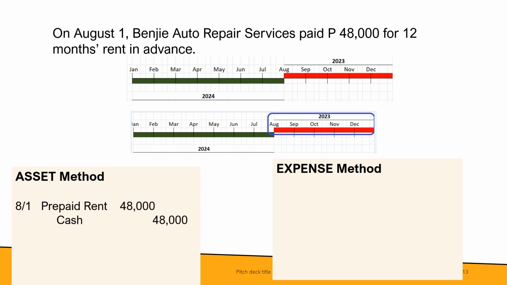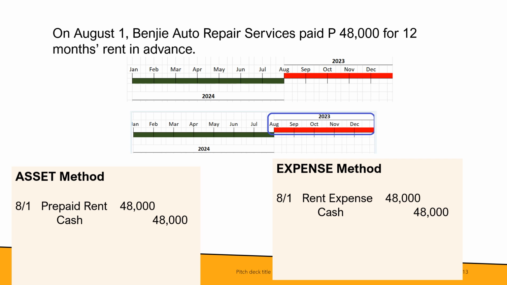So on August 1, debit prepaid rent 48,000 and credit cash 48,000. How about under expense method? The account title is an expense account. So instead of prepaid rent, it was rent expense, the same amount, 48,000, and the same credit to cash, 48,000.